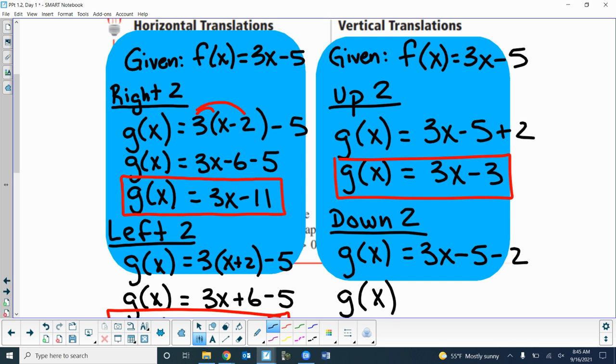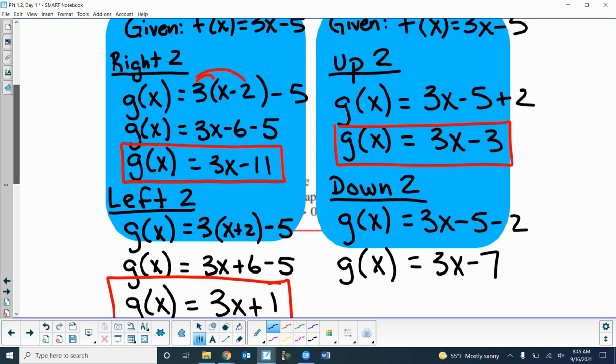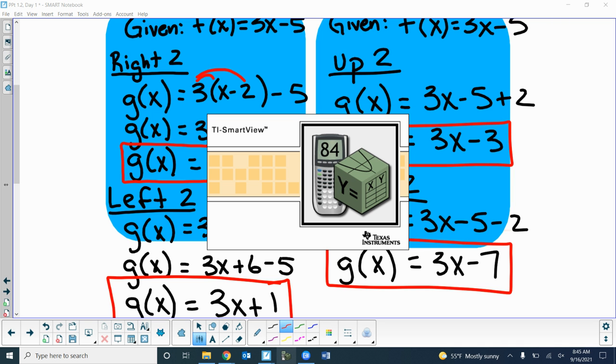Horizontal is a little bit tougher to remember. If we were to graph those, you could see them move those certain ways. All right?